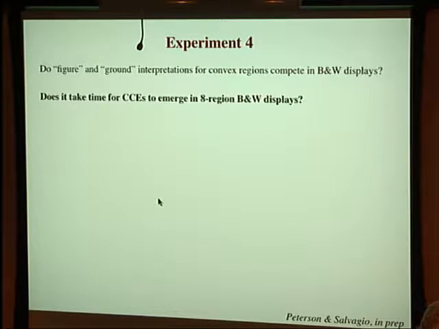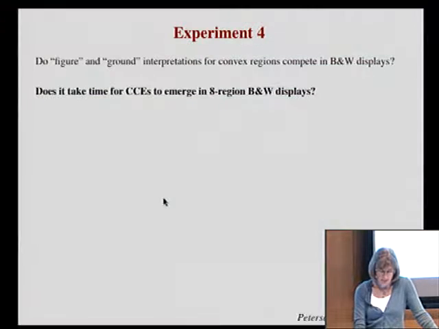Okay, so to ask about competition, we asked whether or not it takes time for these context effects to emerge. And here's where I come back to the question of whether we had a mask or not after our display.